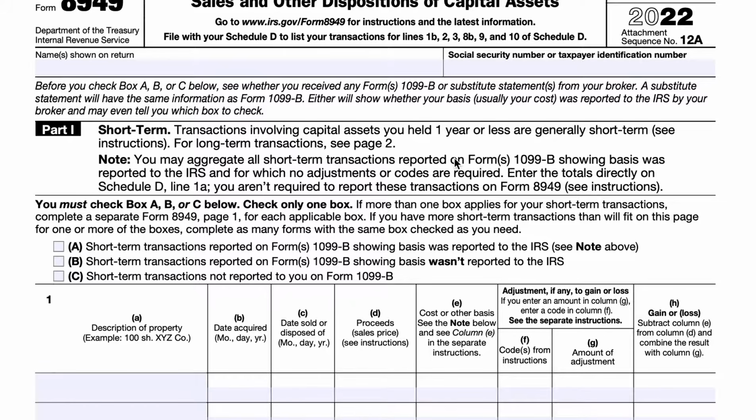Enter those totals directly on Schedule D, line 1A. You are not required to report those transactions on this form. B would be short-term transactions reported on 1099-B that showed basis was not reported to the IRS. And then C, short-term transactions that were not reported to you at all. Again, check only one box.